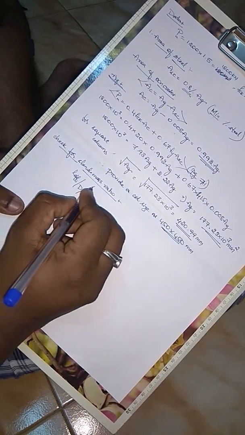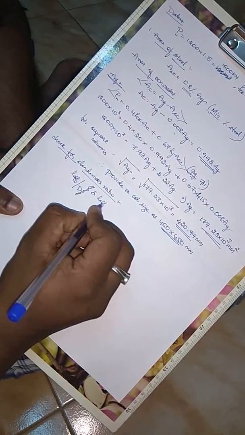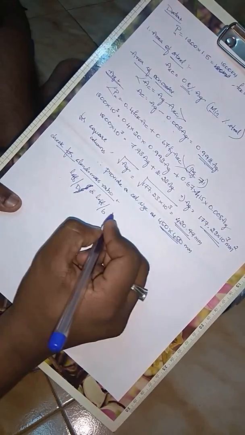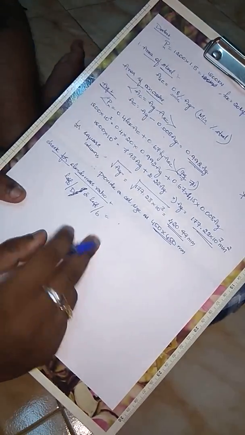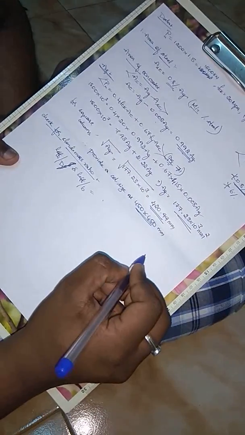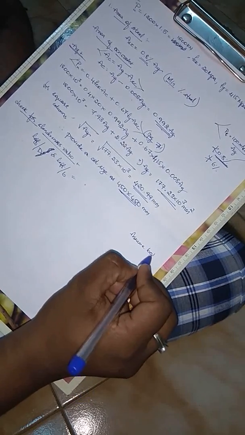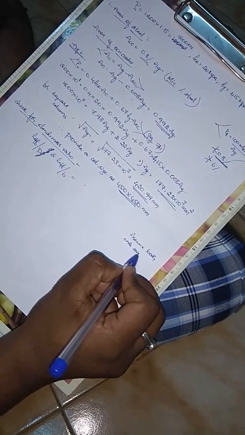So whether it is L effective by D or L effective by B, one and the same. To find L effective you need to assume. The easier way is to assume that both ends are hinged.